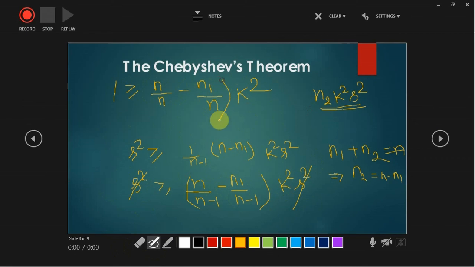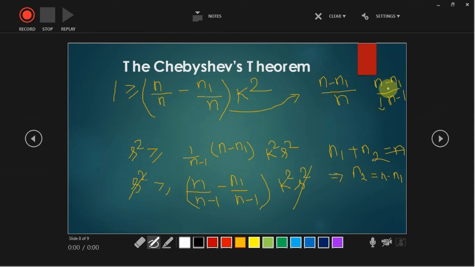So again we have done a simple mathematical trick here, that is, this expression is equal to n minus n1 over n. Previously it was n minus n1 over n minus 1.